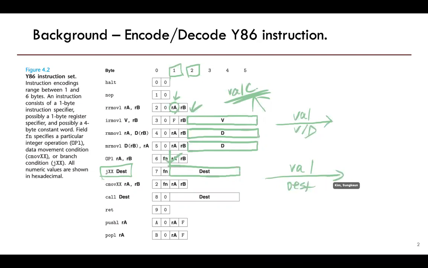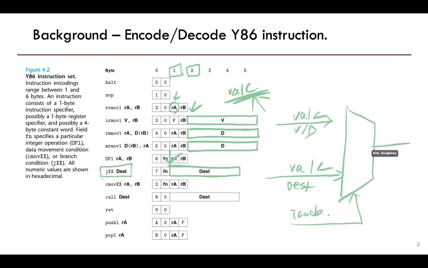Then using a mux, and using this icode, depending on this icode, we will select the upper valC or the lower valC. You can use this mux to implement the logic to take valC from the instruction.